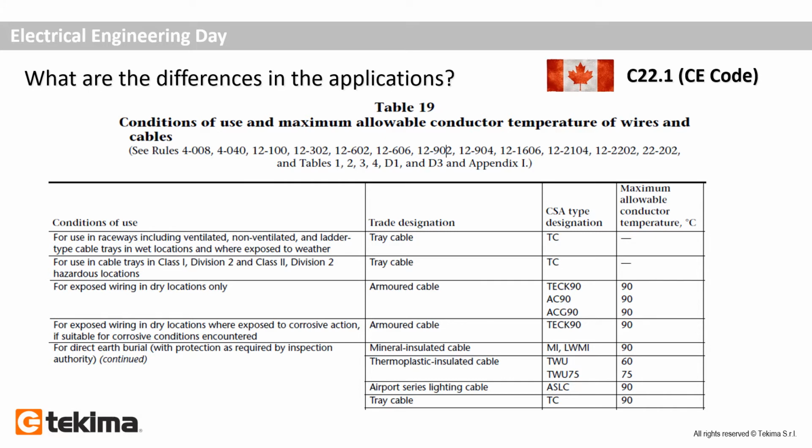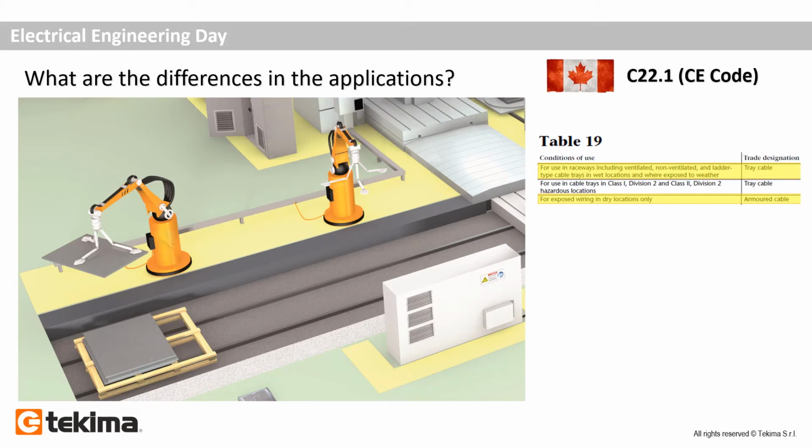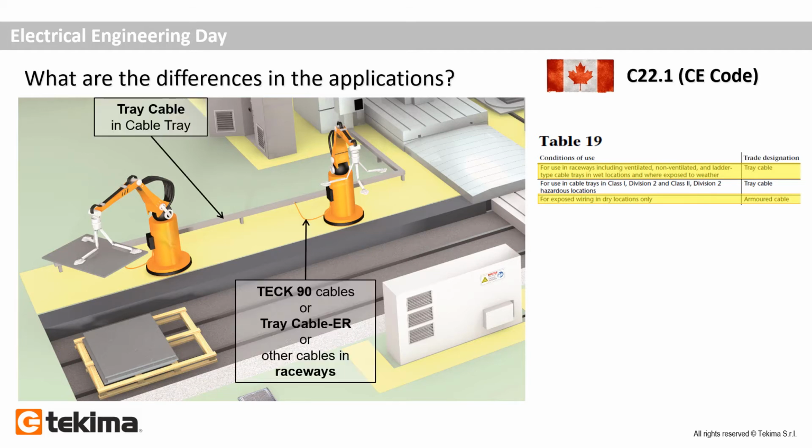Some examples for the cable are tray cable TC or Teck 90 armored cable. For the same example we have seen before for US, here are the wiring methods for Canada. Tray cable in the cable tray under table 19, or tray cable exposed run, or other recognized cable but protected with a raceway.